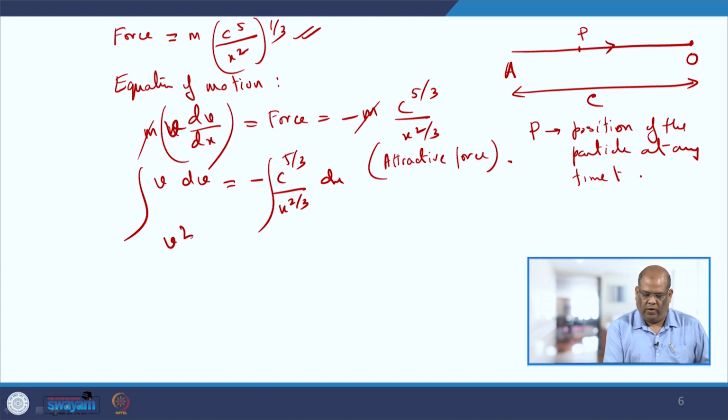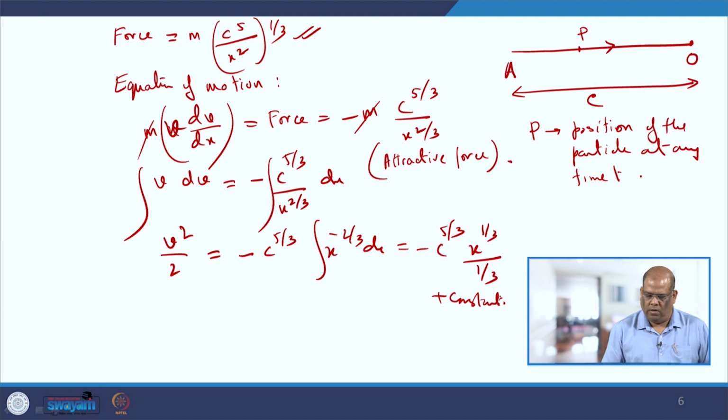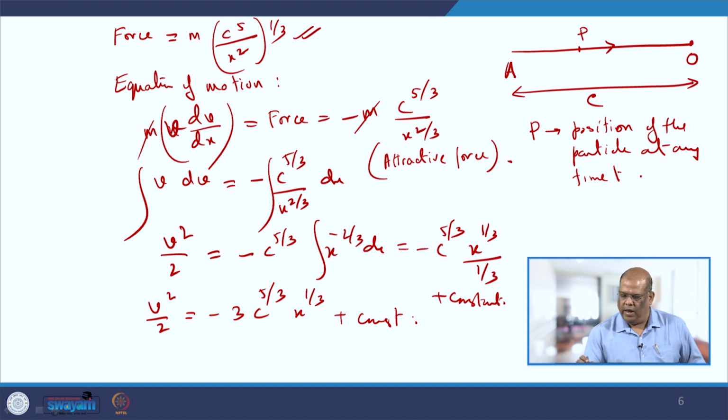So, this will be v square by 2, this is minus c to the power 5 by 3 x to the power minus 2/3 dx, and minus c to the power 5 by 3 x to the power 1/3 divided by 1/3 plus constant. So, you have v square by 2 is equal to minus 3 times c to the power 5 by 3 x to the power 1 by 3 plus constant. And initially the particle starts from rest.